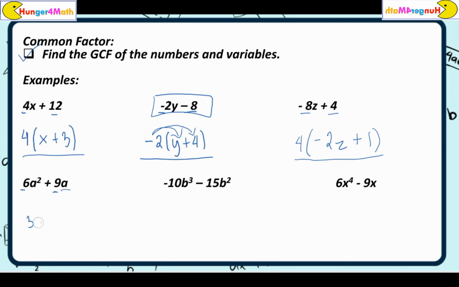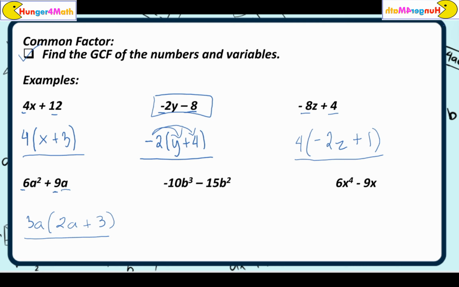So that will be 3a for our GCF. That's how we factor the variables. Now, let's divide. 6a squared divided by 3a is 2a. Then positive 9a divided by 3a is plus 3. So here is our answer.